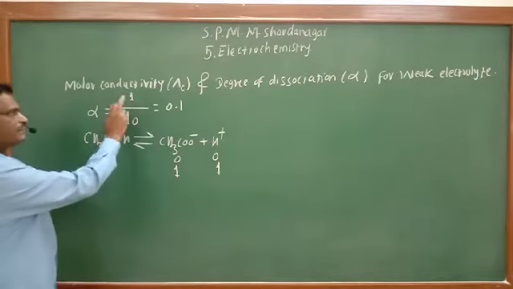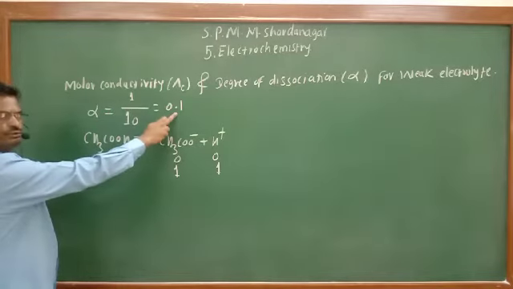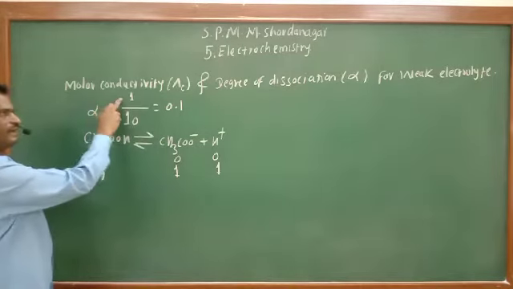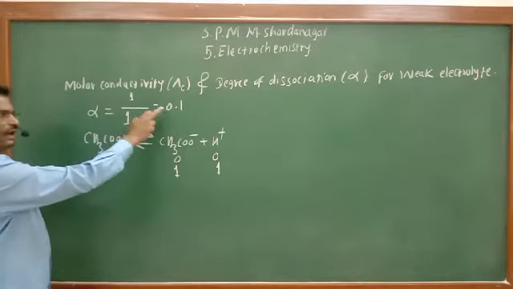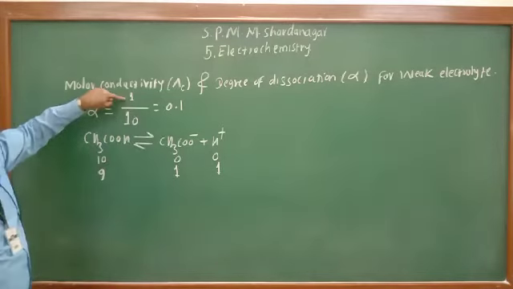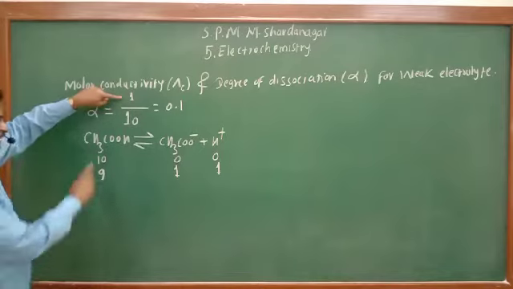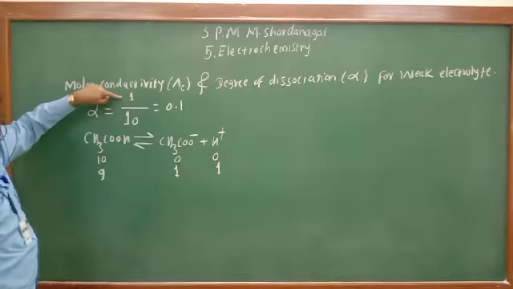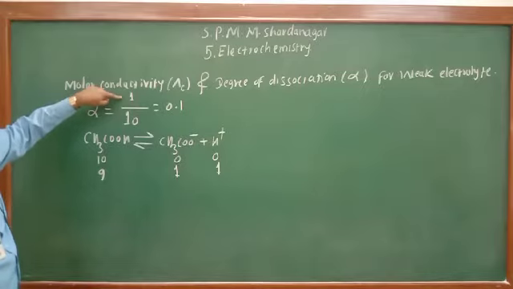If this becomes 2, answer will be 0.2. Becomes 3, answer will be 0.3. If it is 9, answer will be 0.9. Can this be 10? No. This will never become 10 because it is a weak electrolyte, and weak electrolytes will never undergo complete dissociation.